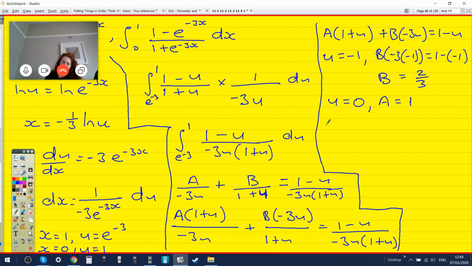So then that means our fractions are now 1 over minus 3u. Then would it change to 3/2 times the 1 plus u?